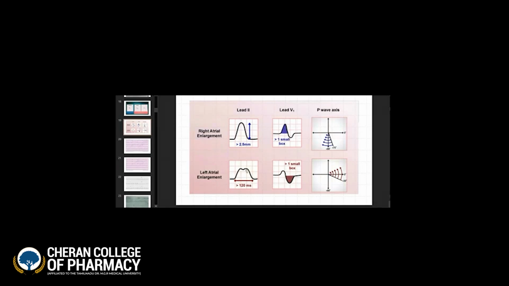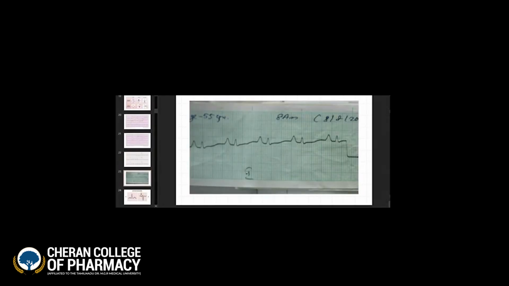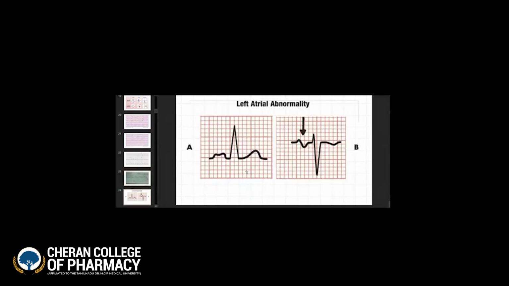So left atrial enlargement means an M-shaped notch. And for right atrial enlargement, the height of the P wave is increased to more than one small square, greater than 2.5 or something like that. M-shaped notch for left atrial enlargement. And specific leads to be checked for P wave abnormality are lead 2 and lead V1. Okay.